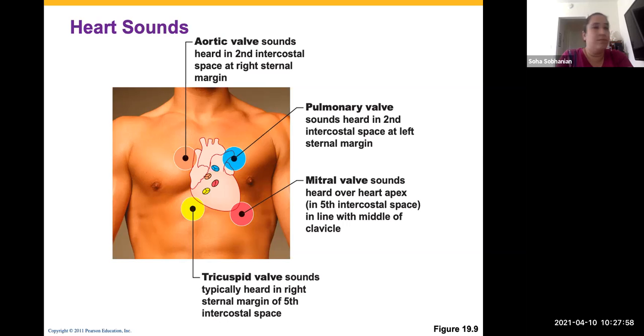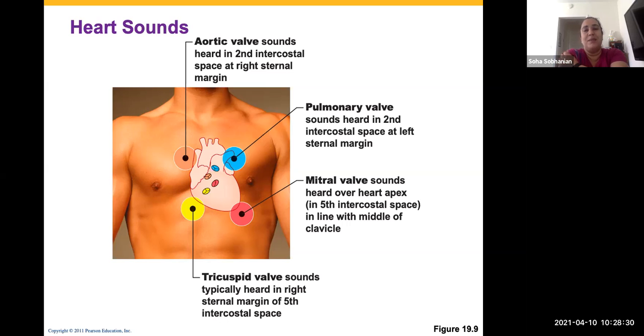Tricuspid and bicuspid, they don't move because you just kind of go down on the same side. So it's either on the right side or the left side. So tricuspid is heard on the right lower portion of the heart, and bicuspid is, sorry, not head, heard on the left lower portion of the heart.